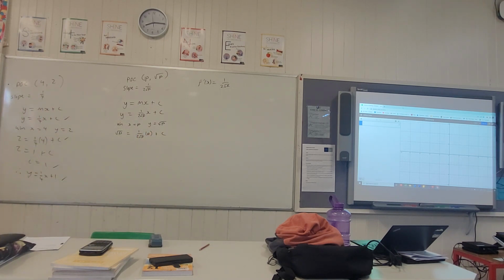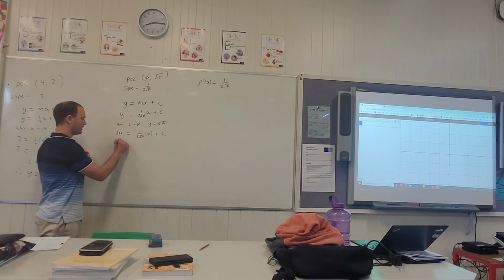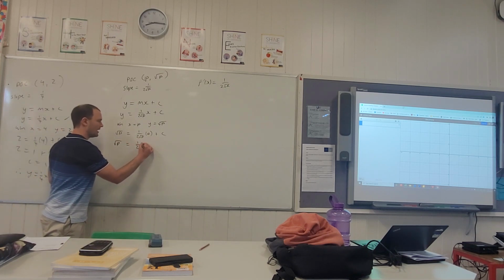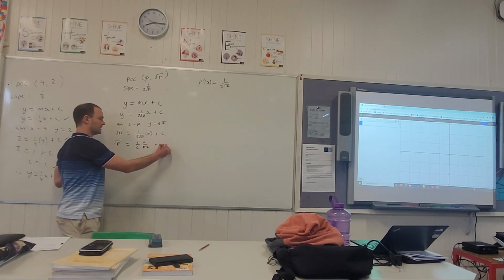I'm going to do this over a number of steps, just to show very clearly what's going on. Here we've got p at the top and p to the half at the bottom. The square root of p is p to the half, and then there's plus c.